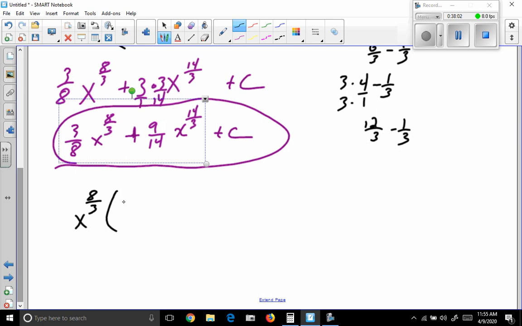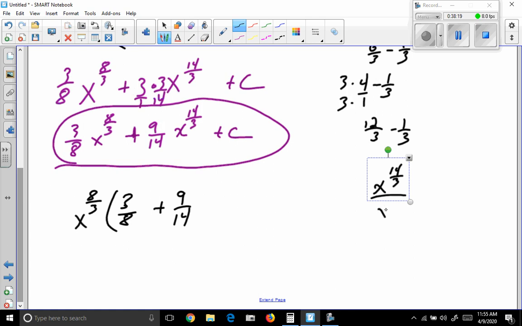So if we factor out x to the 8/3, we have a 3/8 plus 9/14. If we take 8/3 out of this, remember if we're factoring it out, we're essentially dividing it out. So if we have x to the 14/3 and we're dividing out 8/3, when we subtract those exponents, 14 minus 8 would be 6/3, so we'd have x squared left there.